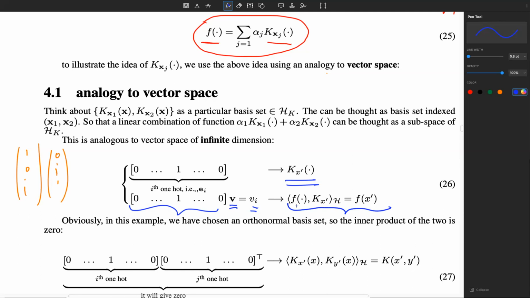So it could be multi-dimensional data, but you are using the data almost as if you are using that as an index. So you are choosing that particular function basis as a way of retrieving the function value. A proper way of saying that is it evaluates that function at x prime. Okay, so this gives the idea of this analogy.